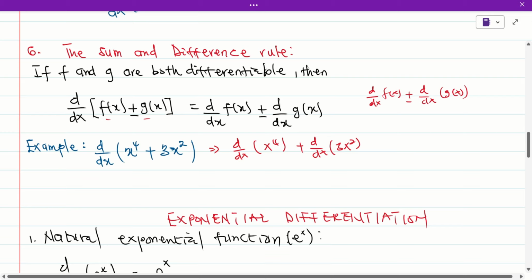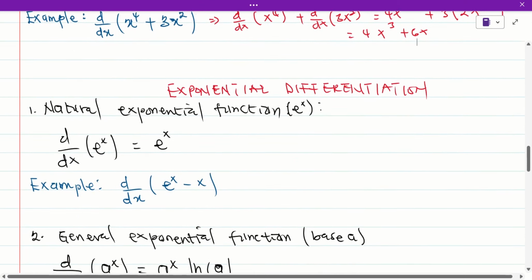When you differentiate x exponent 4, you're going to get 4x exponent 4 minus 1, plus, don't forget, you have 3x squared here, so we'll bring the 3 out. Then when you differentiate x squared, you're going to get 2x exponent 2 minus 1, which is going to give us 4x cubed plus 6x. Do you get it? So you have 4x cubed plus 6x as our answer.